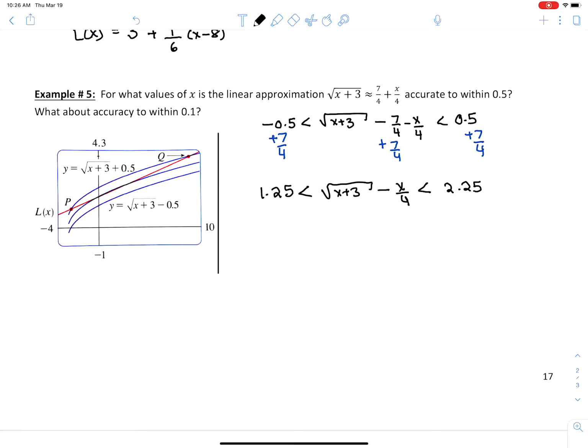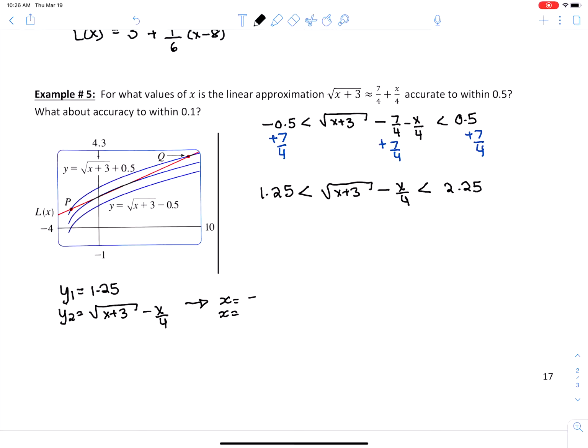Okay. Now, this would require me to use a graphing calculator. So I'm going to sub in y1 is 1.25. y2 is square root x plus 3 minus x over 4. I solve for the intersections. So when I do that, I get two intersections here using Desmos.